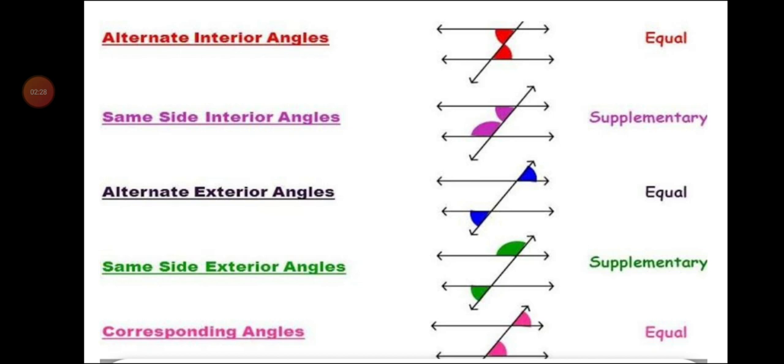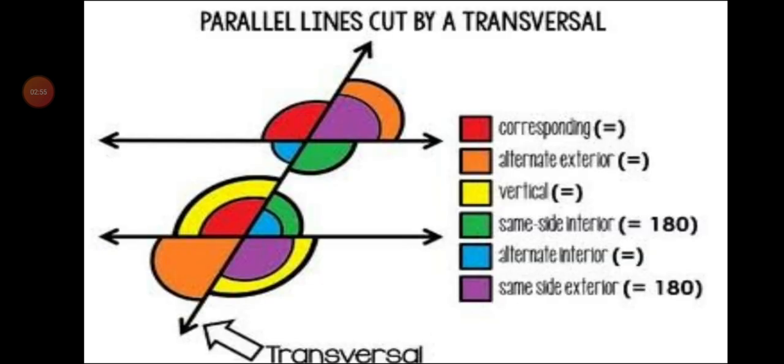Then supplementary angles, that means the angles on the same side of interior angles. Then alternate angles, you can see both are equal. Alternate exterior, then same side exterior angles, outside supplementary angles, then corresponding angles, as you can see in this figure.